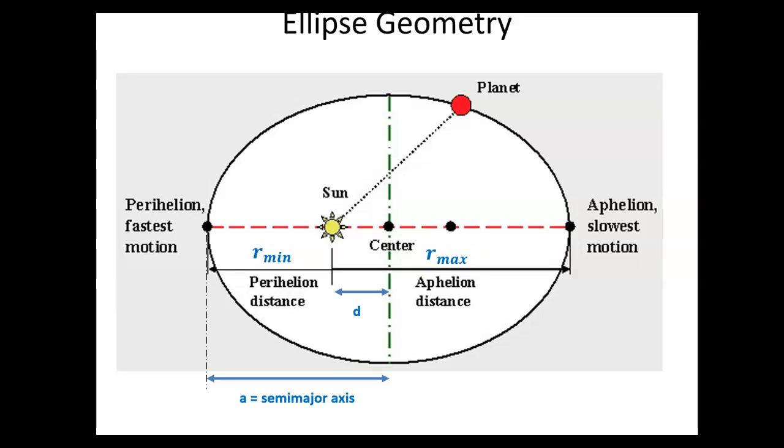The semi-major axis A is the distance from the center to the ellipse along the major axis, so it's 1/2 of the major axis. R min is the distance from the Sun to the perihelion point. R max is the distance from the Sun to the aphelion point.